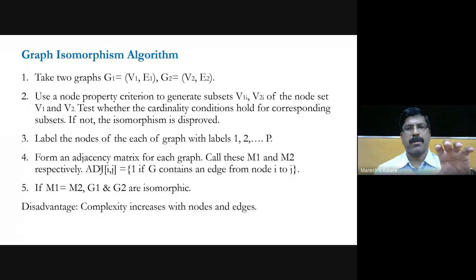Two graphs, G1 graph is there, G2 graph is there. Now when can we say that they are isomorphic? First, we have to test the cardinality condition.